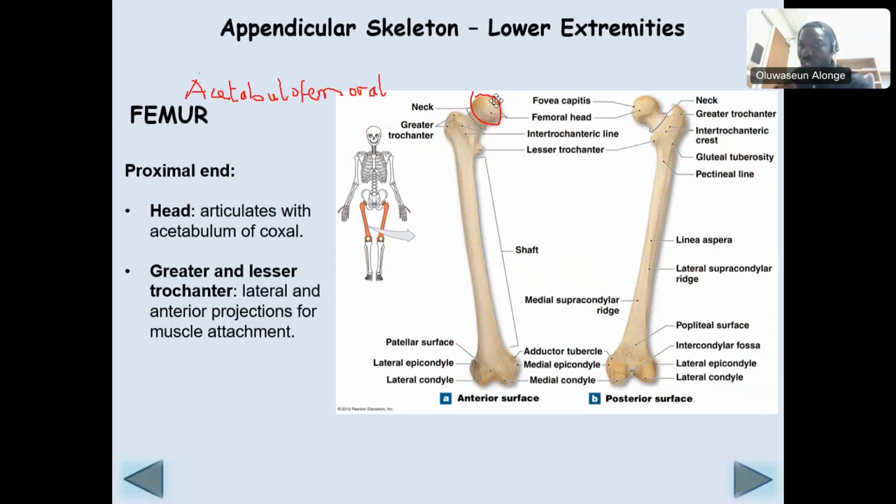All right. Now, on the head, you have a depression here, which we call the fovea capitis.